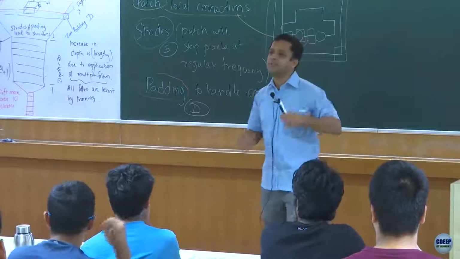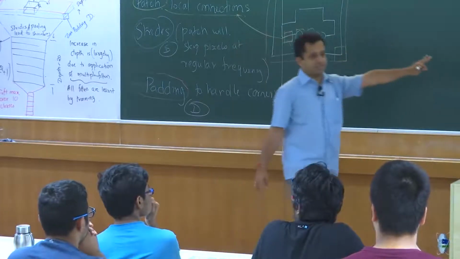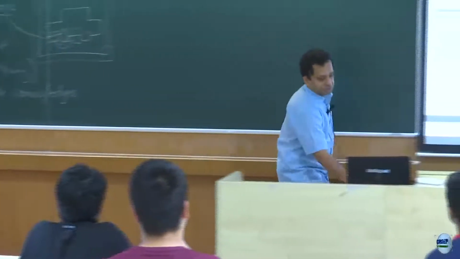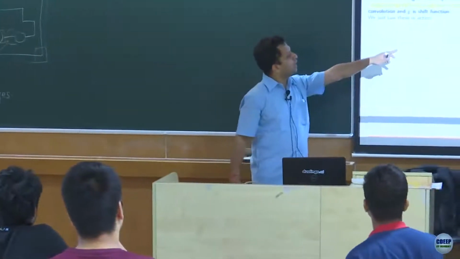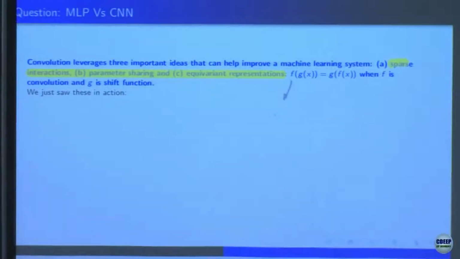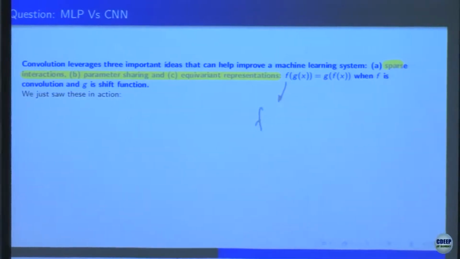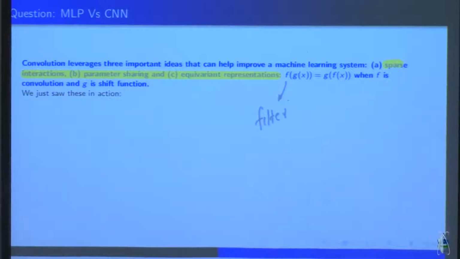So there are many properties which are invariant to certain transformations, but this is not invariance. You have to apply the transformation. So it's f of g of x is g of f of x. Here I again remind you what our example of f and g were. F was the filter operation, adding all the elements within the filter, and G was shift.